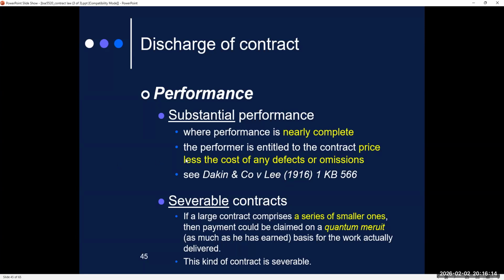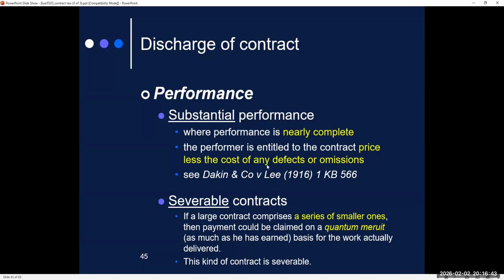So if you are working in the building industry, you have dealt with building contracts. Maybe you have come across the term practical completion. Have you? Say in constructing this building, if it is 95% complete, for example, it's not 100%, but substantially complete.